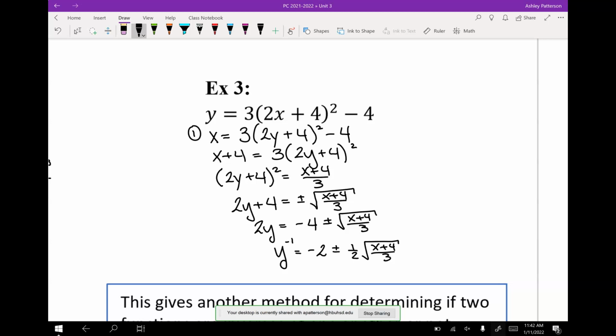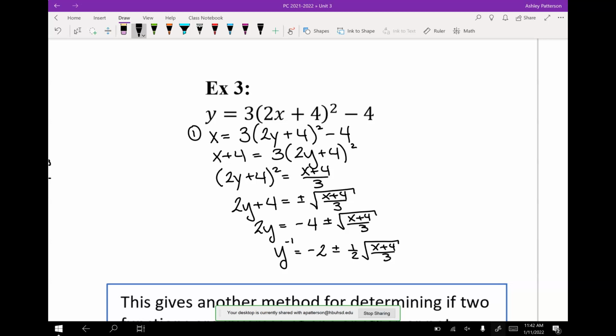Okay, so go back. We have this parabola. Is a parabola a 1-to-1 function? No, that's one of the ones we talked about at the beginning. If your function is not 1-to-1, its inverse will not be a function. You should write that down.